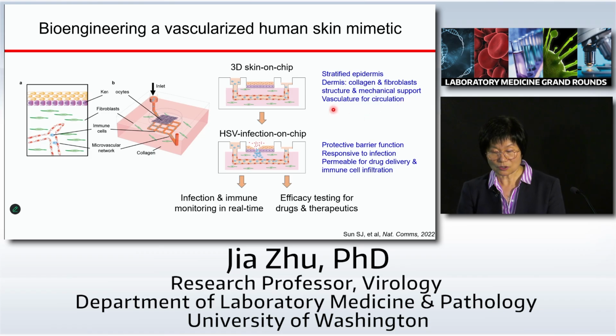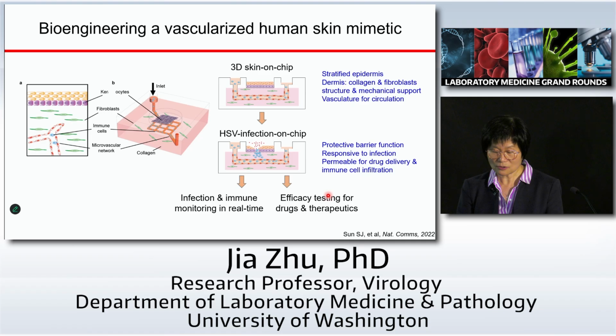We also include a vascularized vasculature for circulation. A desired engineered skin should retain the barrier function, be responsive to infection, and be permeable to drugs and immune cell infiltration.